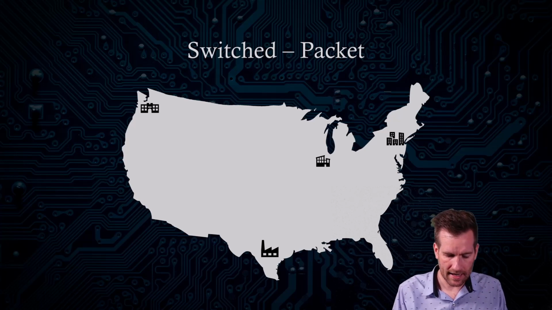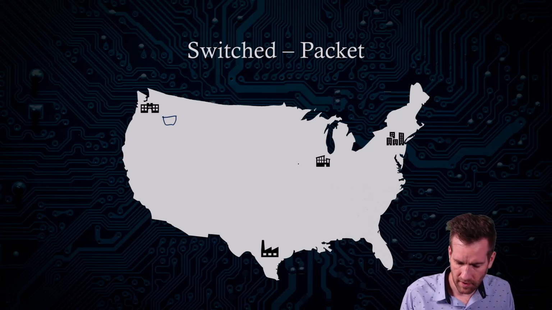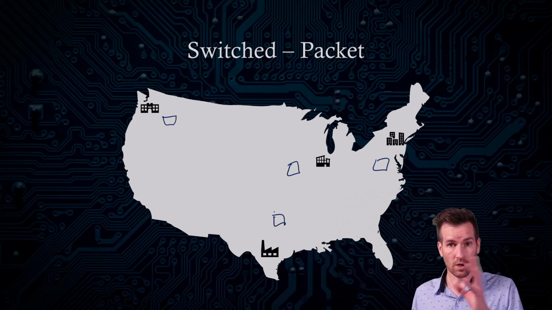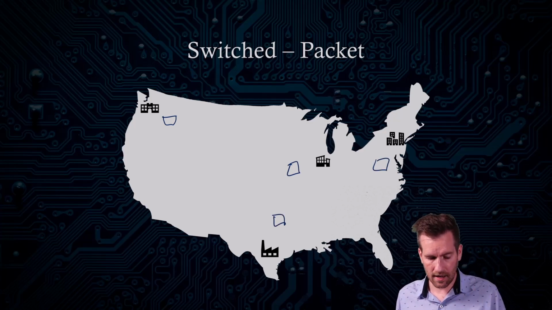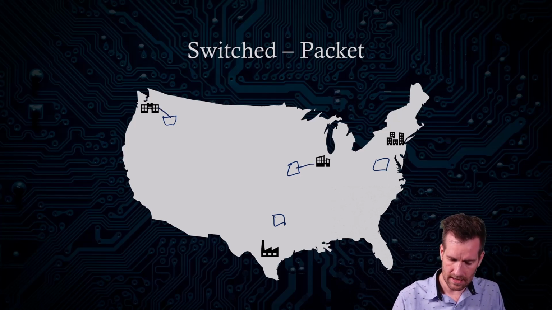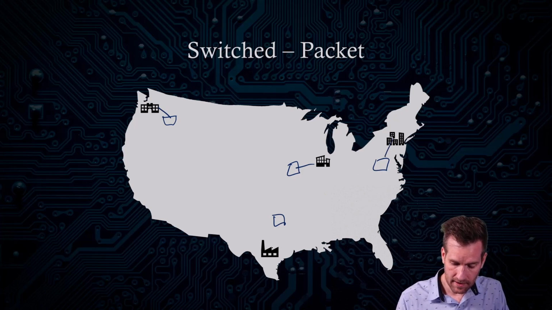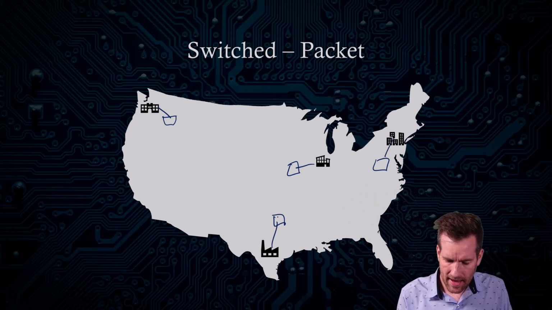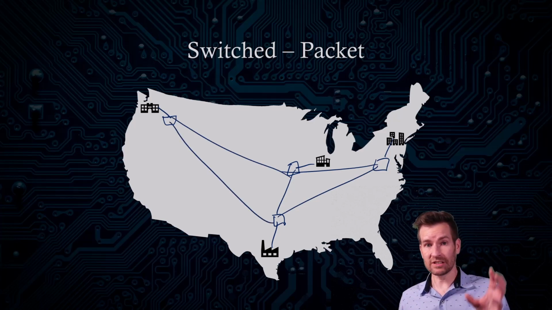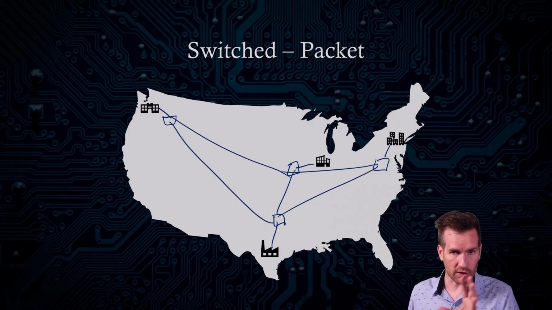What that would look like is you would have service providers placed all around the world, or all around your area. You would make a connection to these different service providers, and then they would have a network of interconnected buildings and interconnected networks all throughout.